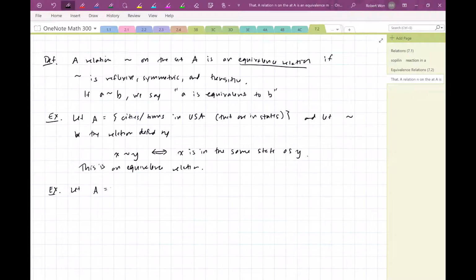So next example, let's let A be the set of all people. And let's let this relation be defined by, I'll say that x is related to y if and only if x is a sibling of y. And then you can ask, is this reflexive?